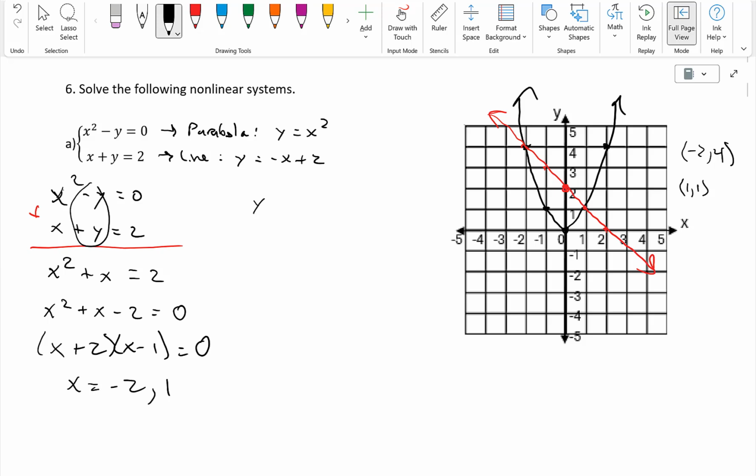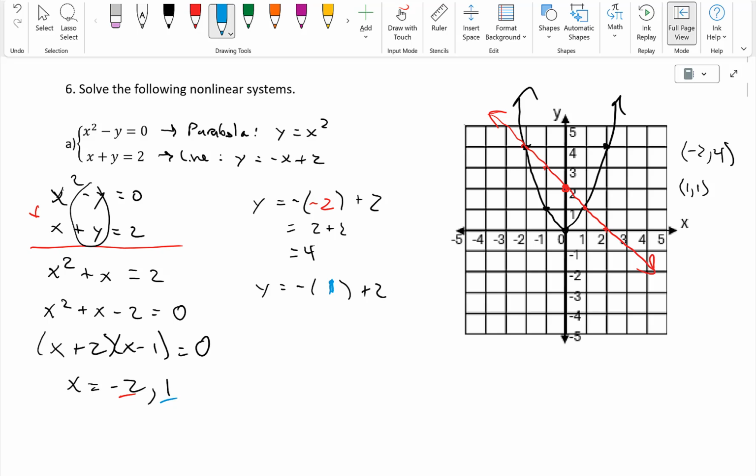We already had it solved for y, so y equals minus x plus 2. We're going to sub in our negative 2 for x first. We get a plus 2 there. So minus negative 2 is 2. 2 plus 2 gives us 4. So we got a 4 for y. That goes with the negative 2. And then we've got y equals minus the 1 now, plus 2.